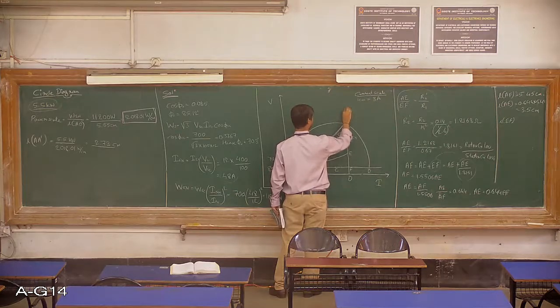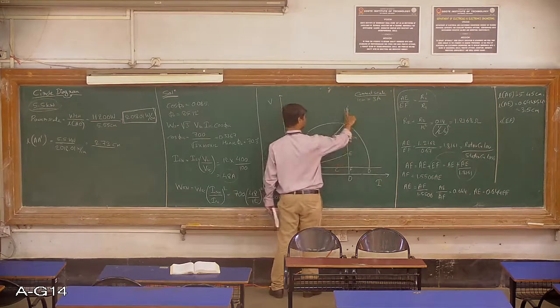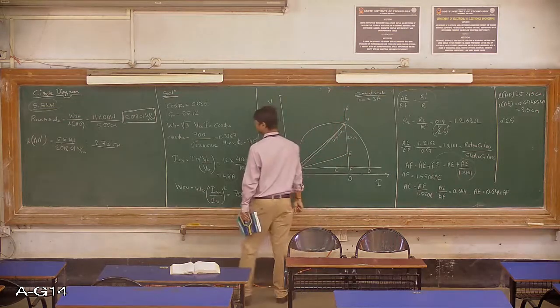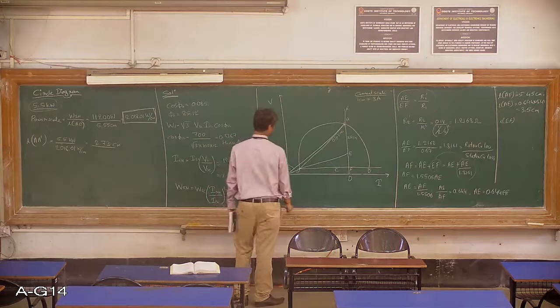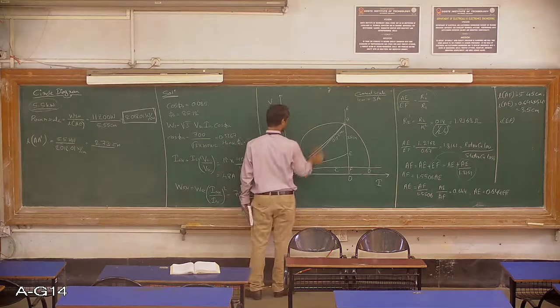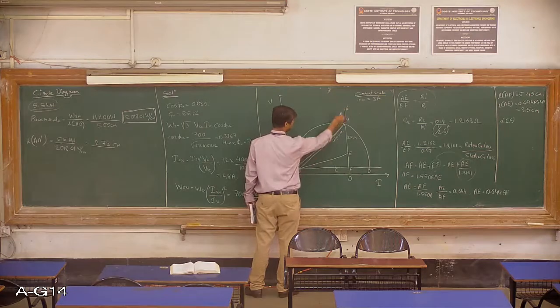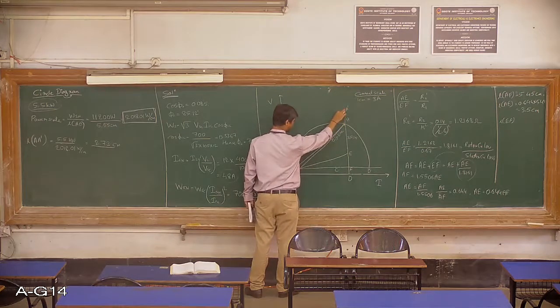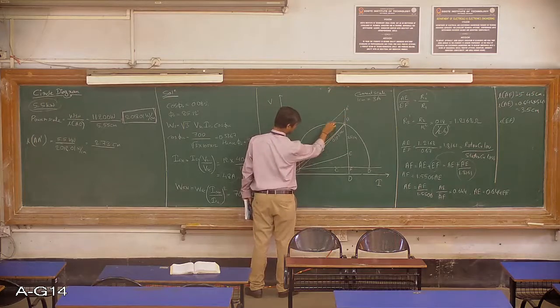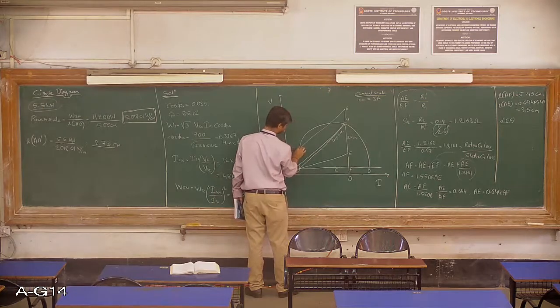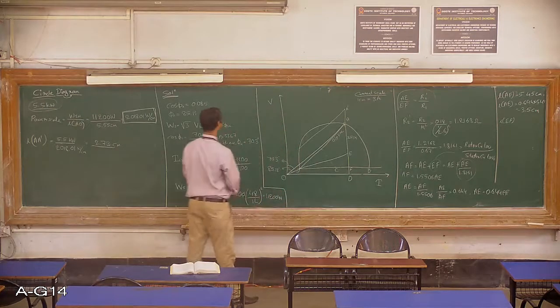Now this is the point A dash. This length is equal to 2.73 centimeters. Now to get the actual operating point, I should be drawing a parallel line from the point A dash, and it should cut the circle diagram like this, and this point is called the actual operating point.